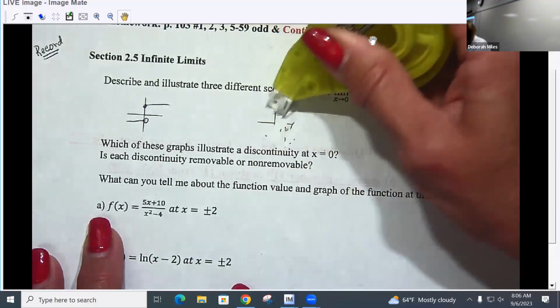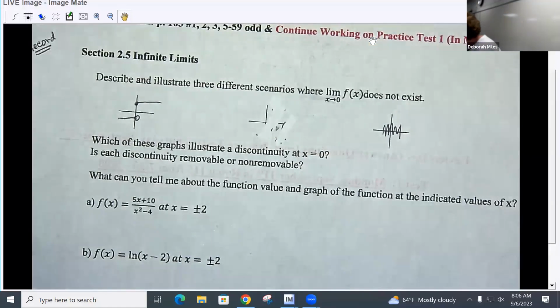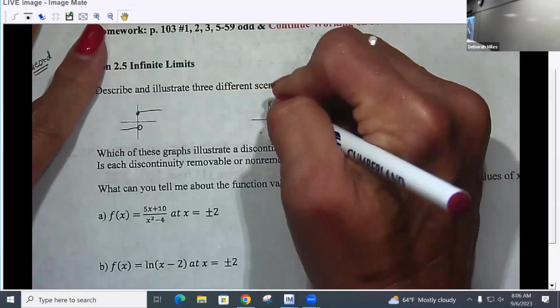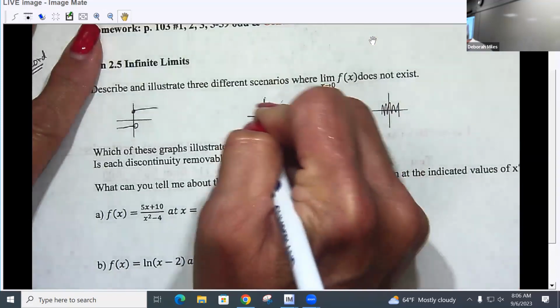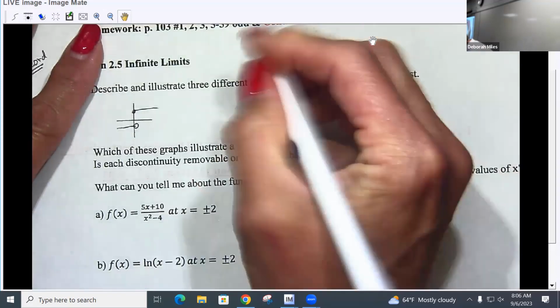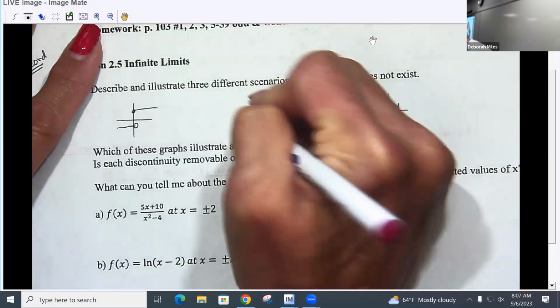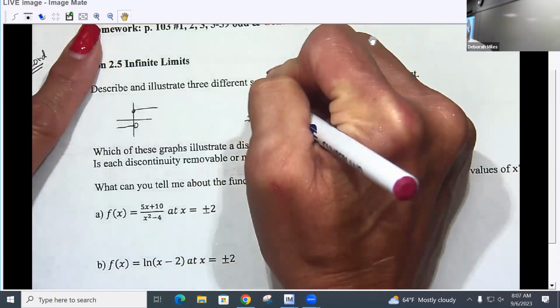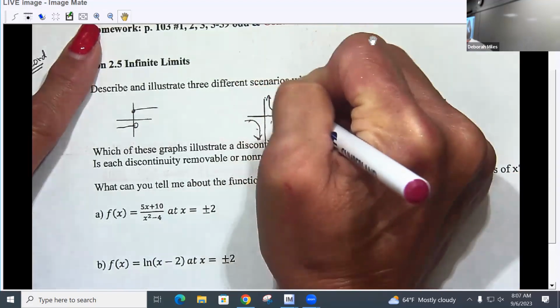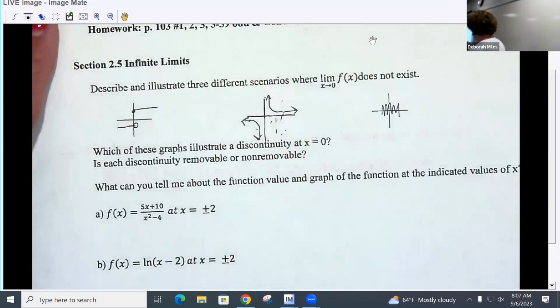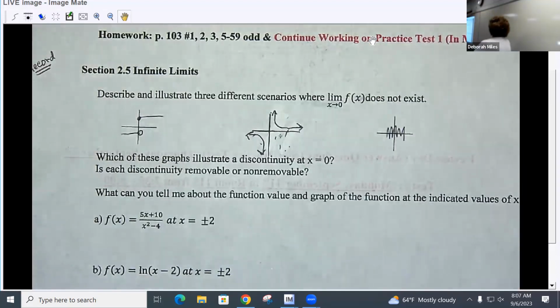So that should have been approaching my y-axis. So which of those 3 graphs illustrate a discontinuity at 0?